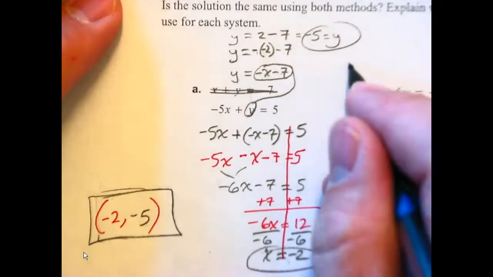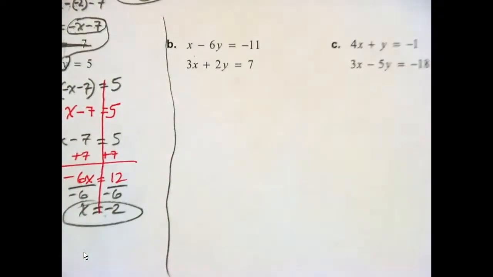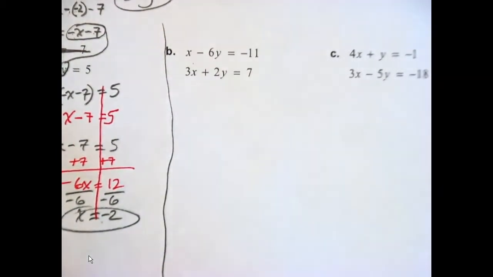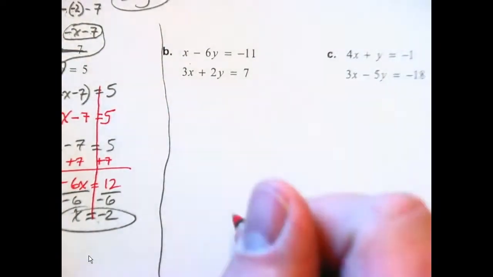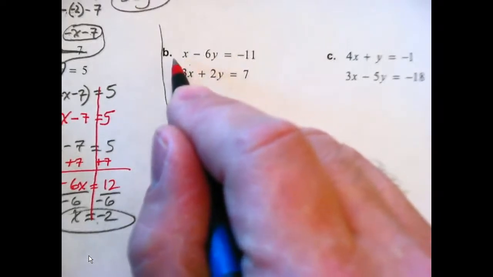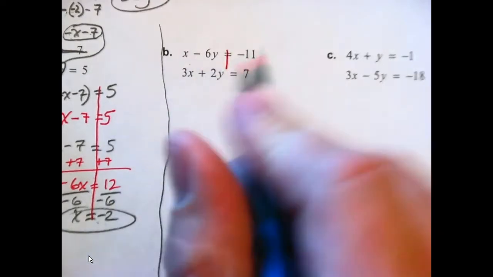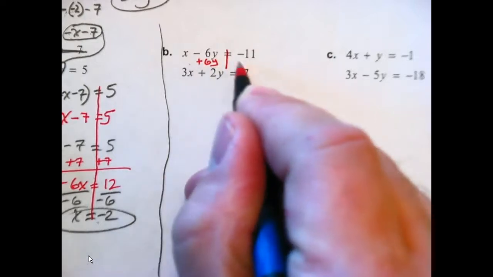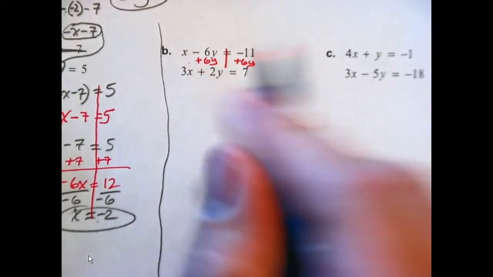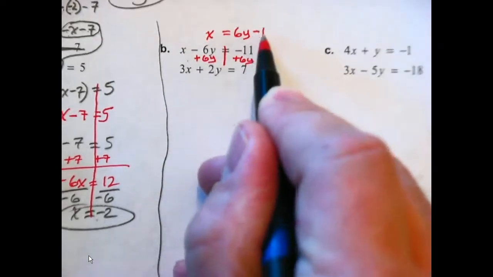All right, so the goal is to figure out which variable to get alone. So when you're looking at letter B, I want you to figure out which equation you should work with to get a variable alone. It doesn't matter which equation you use, it's just a lot of times there's, like in this one, definitely an easier equation to get a variable alone in. Which one do you want to use? Yeah, look, x doesn't have a number in front of it, doesn't have a coefficient. So probably get x alone. How do you get x alone? Add 6y to this side over here. By doing that, that gives you x by itself, and you're left with 6y minus 11.